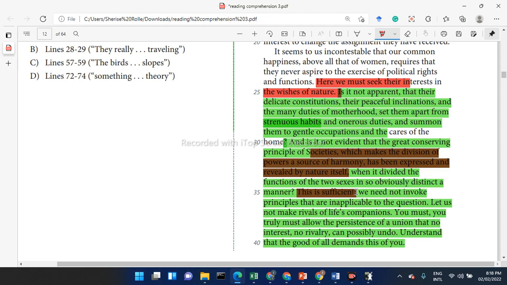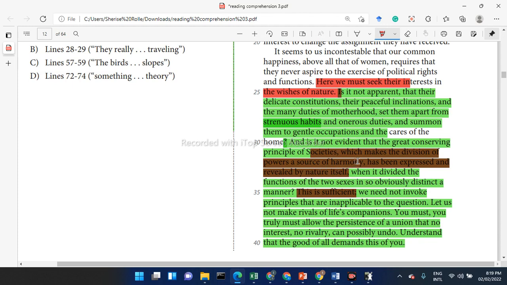But what he's saying is that their distinct constitutions outline their distinct roles, and he's saying that that's not actually a bad thing. He's saying that it's going to give a source of harmony, right? So he's saying because they have different roles, and because they have different constitutions physically, they are able to work and complement each other.